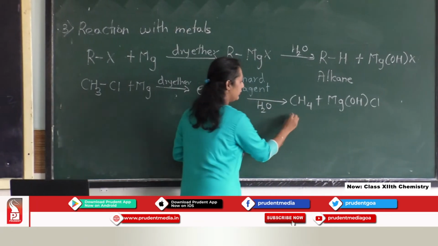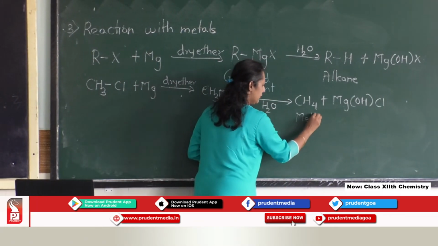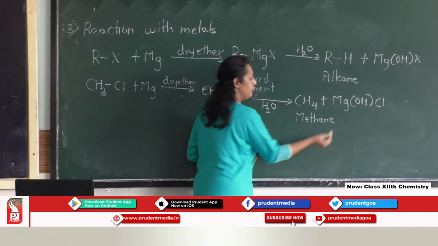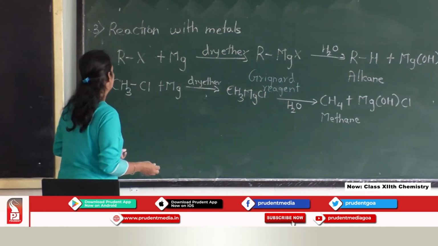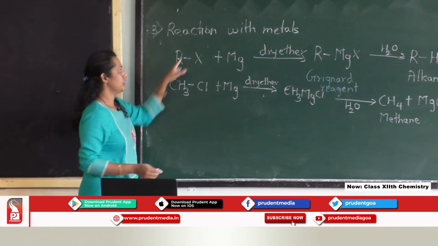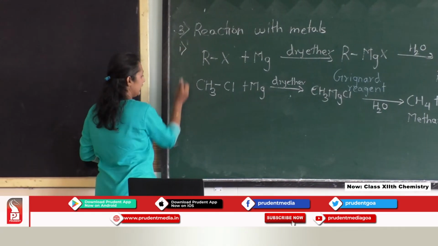The alkane formed is known as methane. This is the first reaction under the reaction with metals.